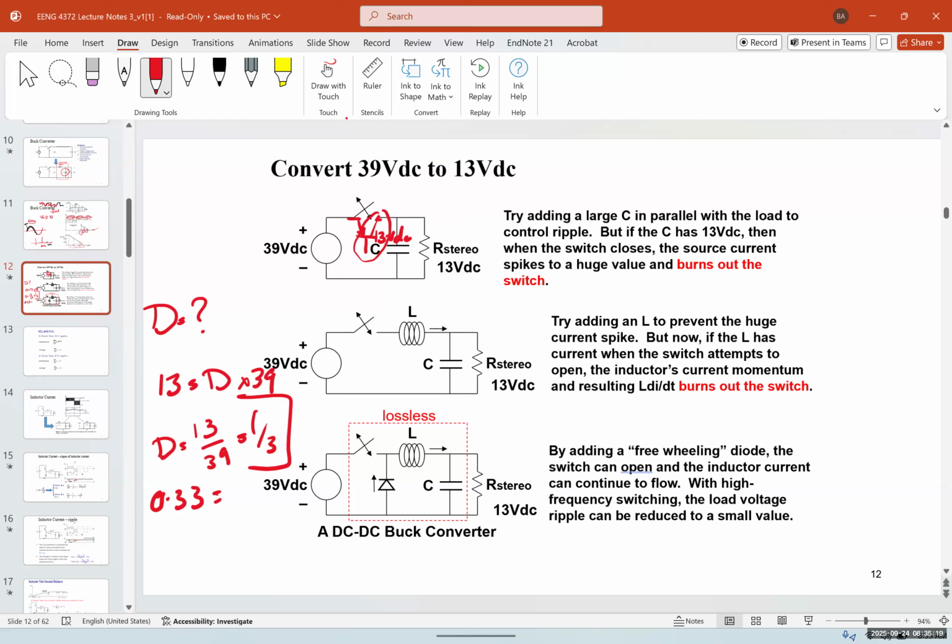When the inductor is fully charged, it has current in it. When the switch attempts to open, so imagine it's closed and it wants to open, the inductor's current momentum results in a high L di/dt and burns out the switch again.